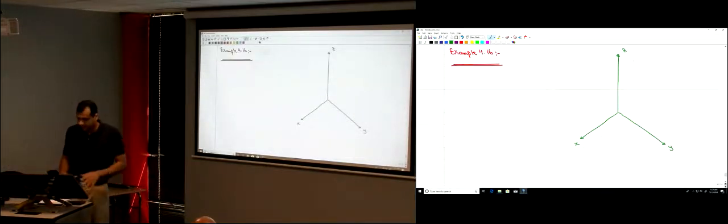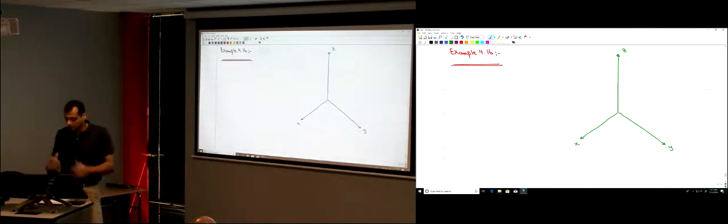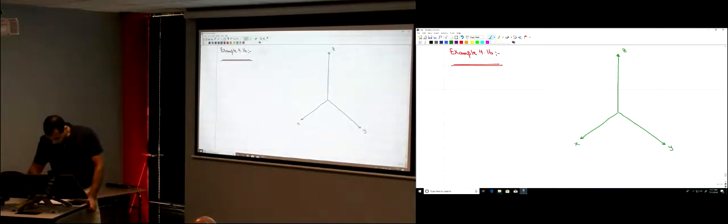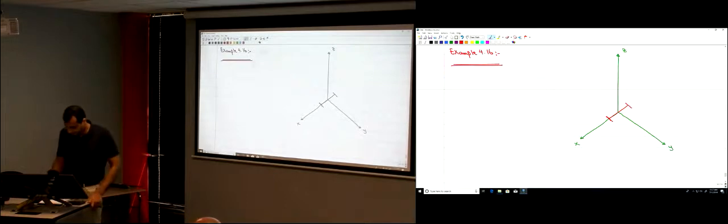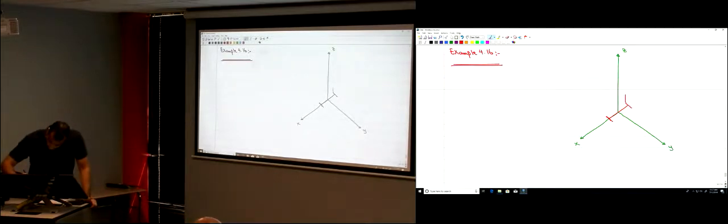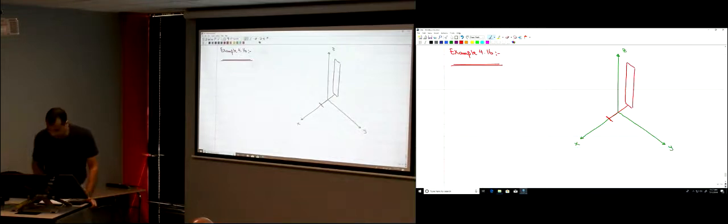There is a column, an I section, and then it's extruded along the z.